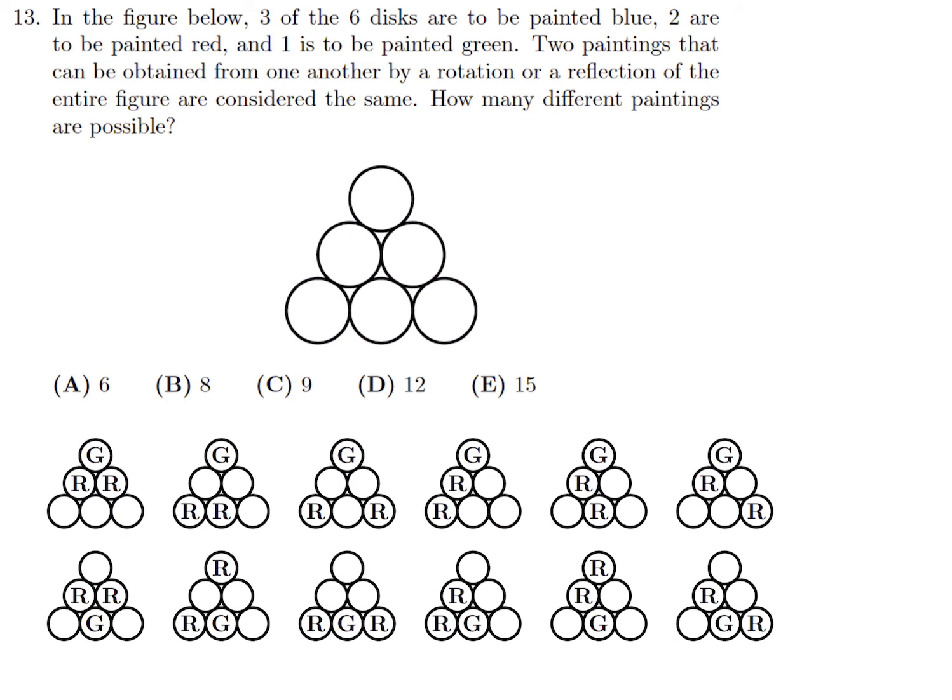And as you can see, they labeled G, R, R, and therefore, obviously, the ones that are not labeled are the blue ones. And, of course, counting, there's 12 of them. So I encourage you to kind of fiddle around with this and figure out a quick way of sort of listing these types of arrangements. Number 13, therefore, the answer is D.